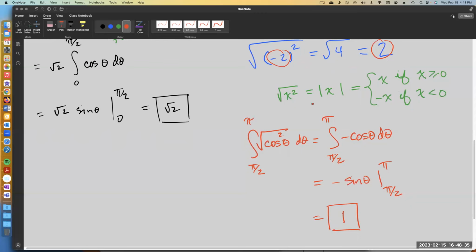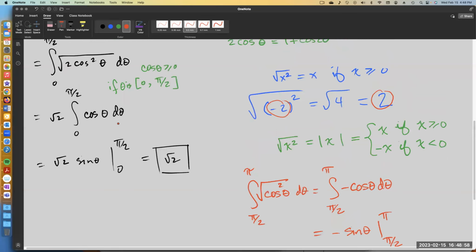So if it were from, say, 0 to 20 pi, would I have to break it into like 10 or 20 pieces? Yeah, you'd have a bunch of Easter eggs. Yeah, you'd have to break it apart. Wherever it's positive, you would do this, and wherever it's negative, you would do that. Not ideal.